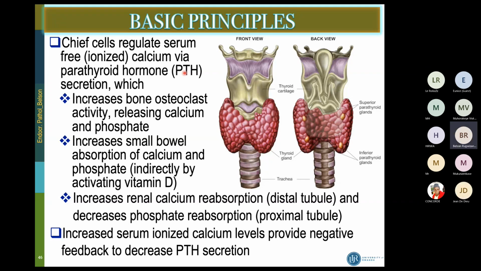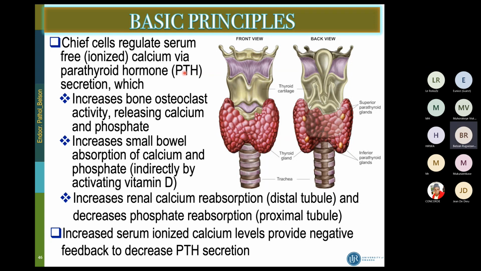To regulate the calcium in the serum, PTH increases bone osteoclastic activity, releasing calcium and phosphate. As such, there will be a higher concentration of calcium in the bloodstream if there is a high titer of PTH. Also, this hormone increases the small bowel absorption of calcium and phosphate, and it does this indirectly by activating vitamin D.